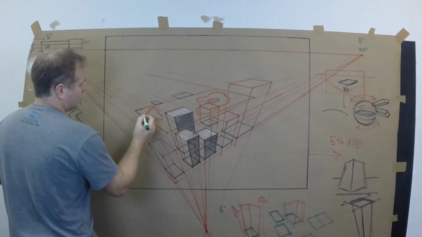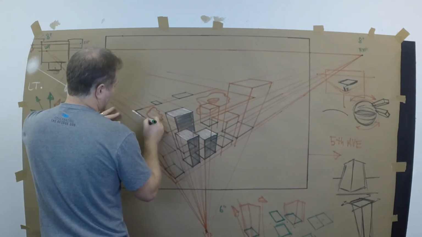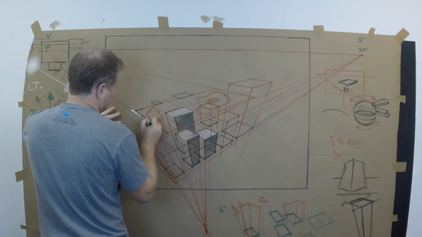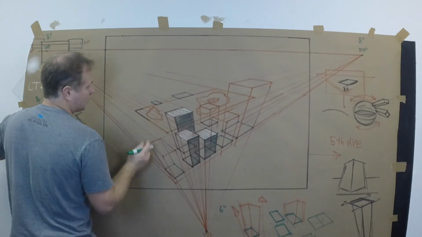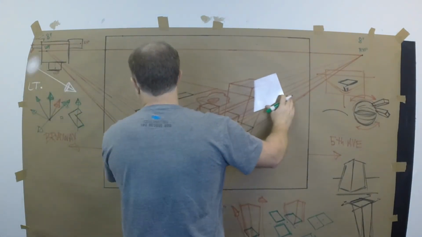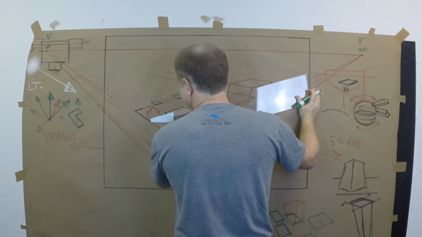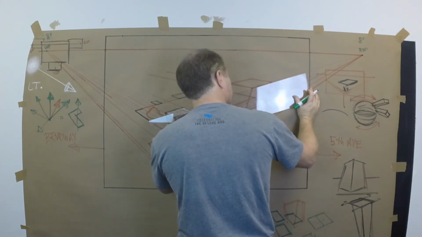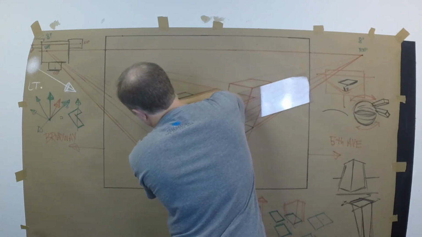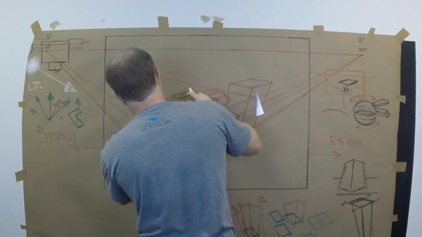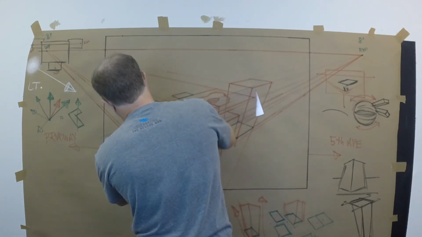So, let me go a little bit further here to that point, and then we'll go back, use the right vanishing point, and get a line pretty far away there. There it goes, it lines up. So through here, and to get to that angle, it's about right there.